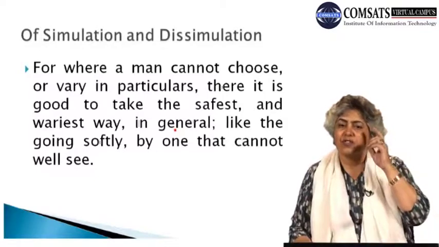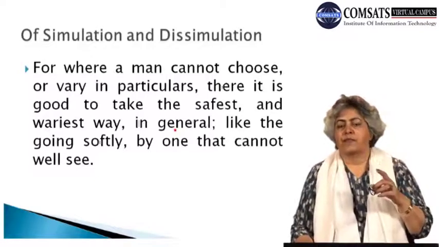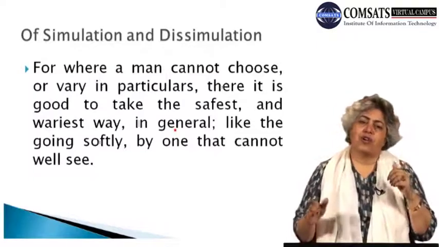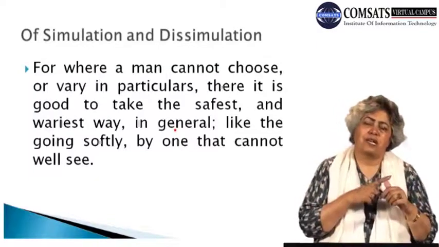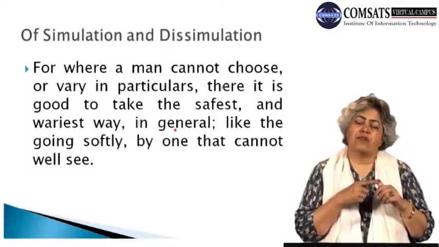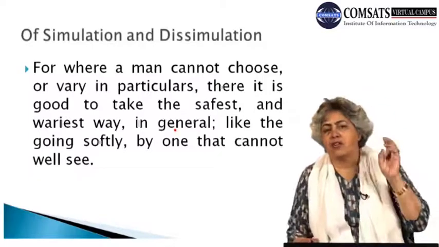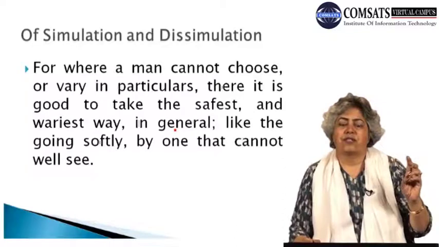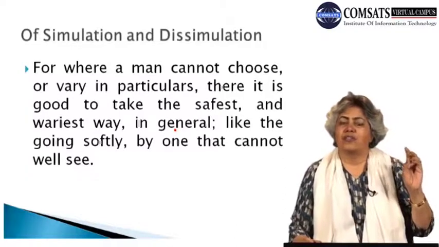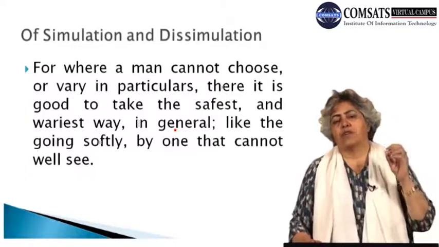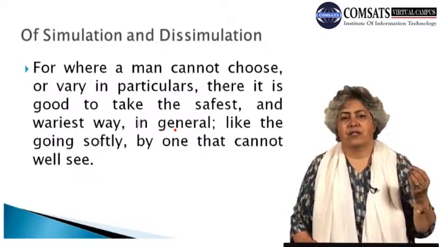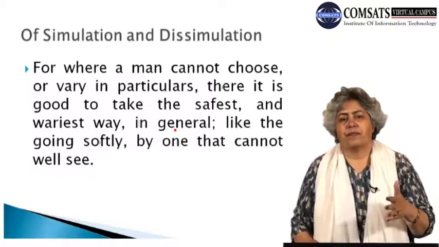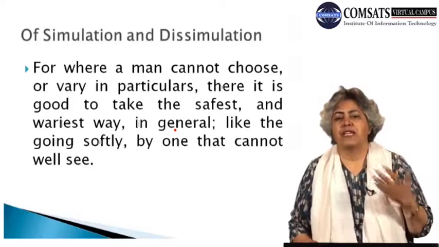Now, I need you to think about this. The world is full of people who are statesmen. The world is also full of people who are neither statesmen nor generals, but who are either junior officers or plain soldiers. Such people need to be very careful.